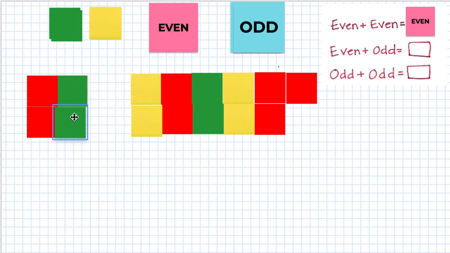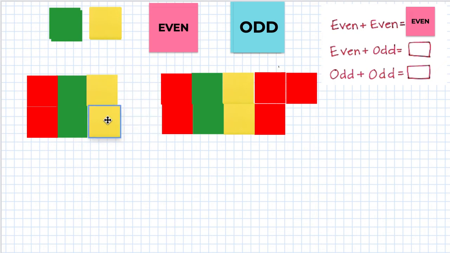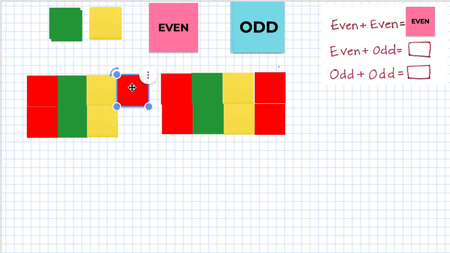And here I have my 2 rows of 3. I'm just going to add one tile here, and now we've made this 7. And I'm going to add one tile here and take 8 and make it 9.